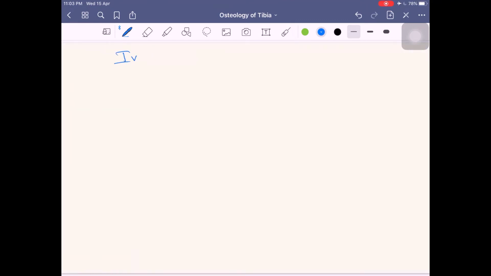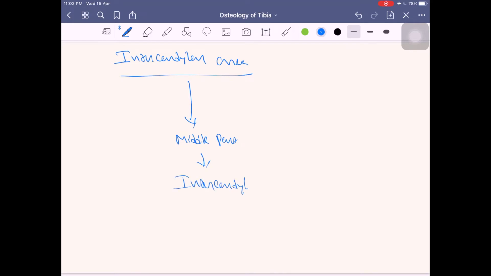So thereby you can say your intercondylar area is divided into a middle part, which is simply called the intercondylar eminence, where you have two tubercles, the medial and lateral intercondylar tubercle.